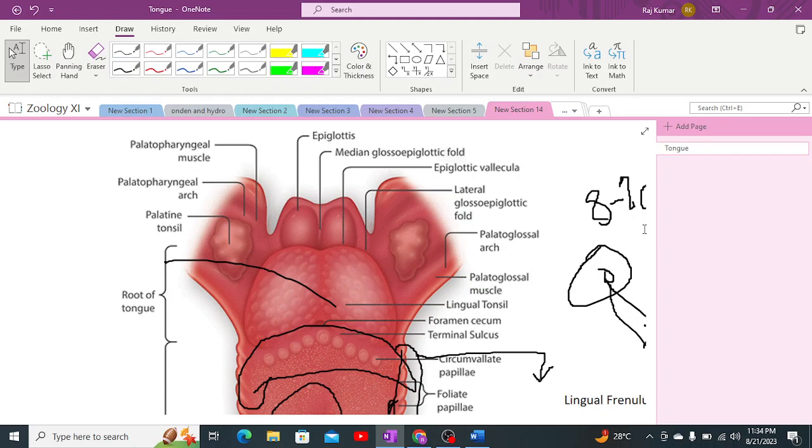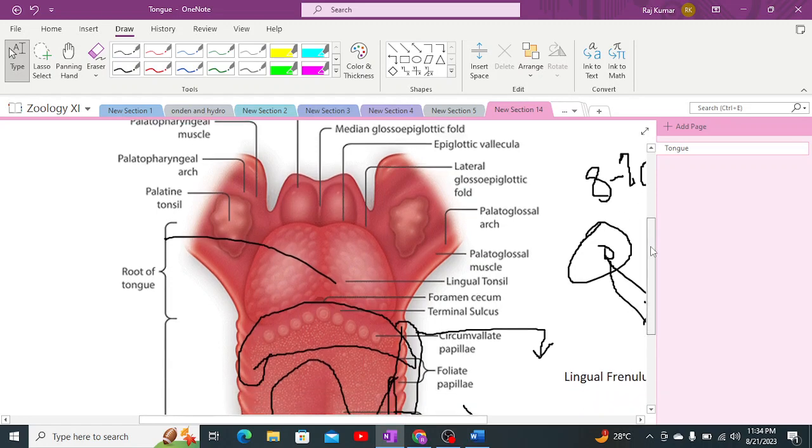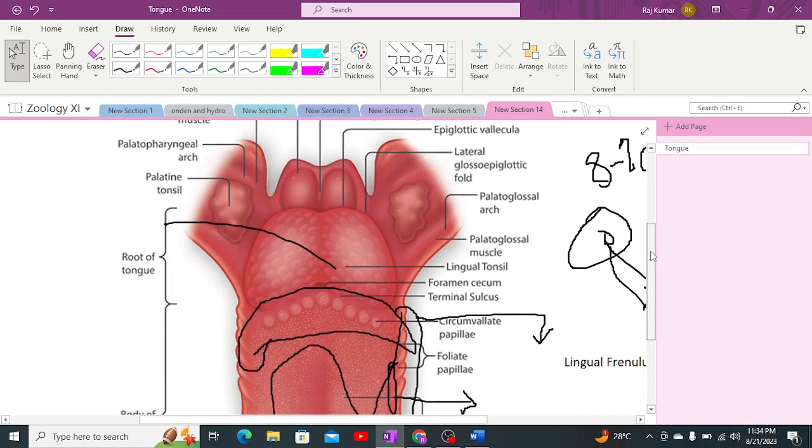We have previously discussed the tonsillar fossa or sinus, which is present between the palatine tonsil and the palatopharyngeal arch. After which we are having the palatoglossal arch, which we have previously discussed, and lingual tonsils, which help in lingual activity.